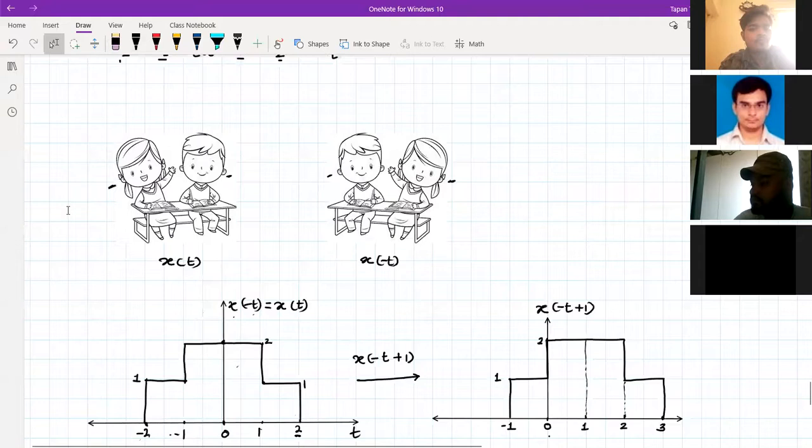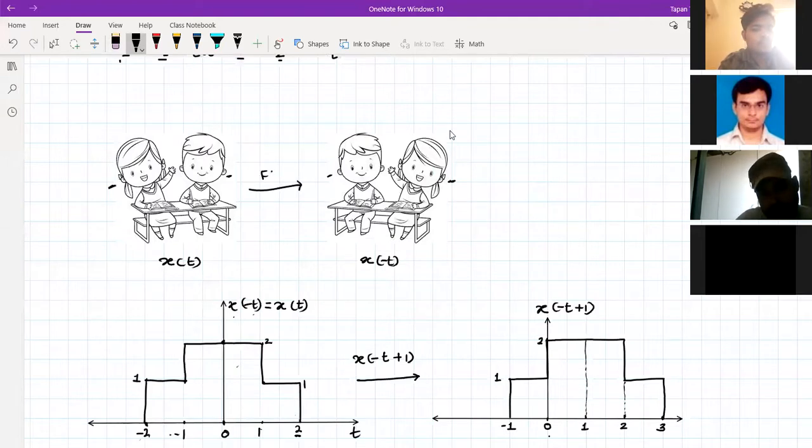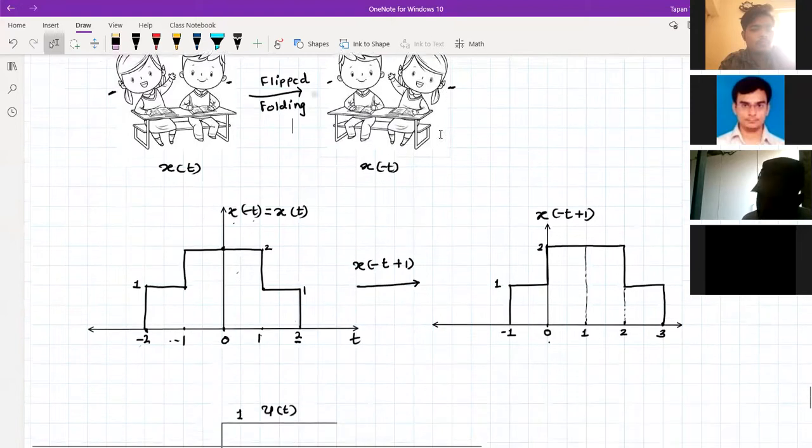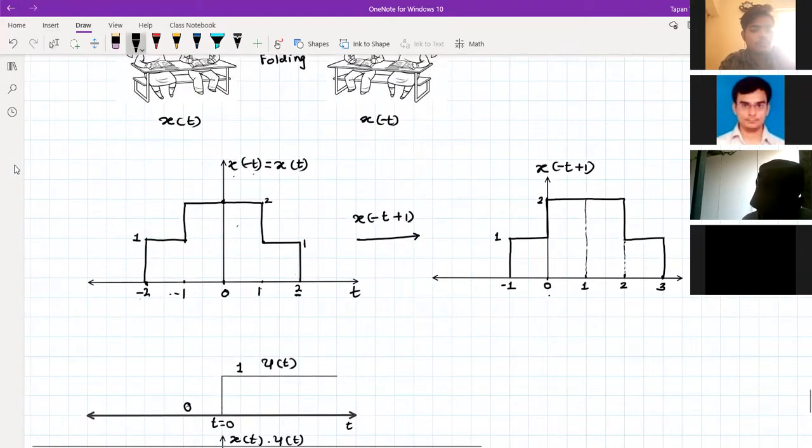If this is x of t, the right-hand one will look like x of minus t, and we call it the flipped, time reversal, or fold. Fine. Then you get x of minus t here, and you add plus 1 to the time everywhere, and you will get a resultant signal which will look like this. Fine.